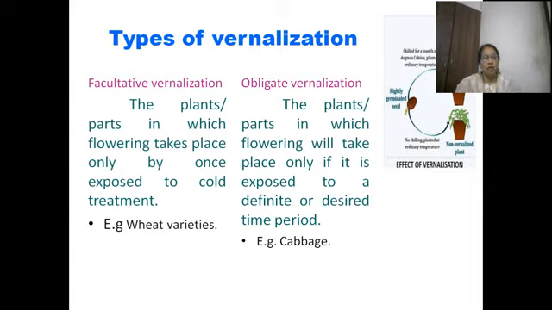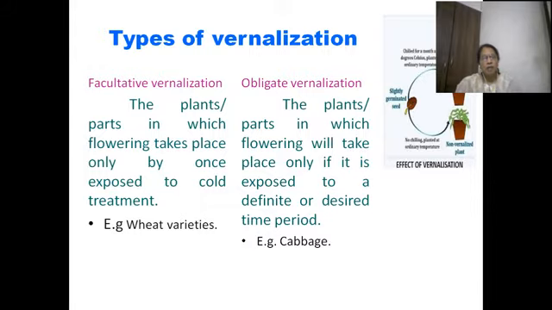Obligate vernalization. The plants or the parts in which flowering will take place only if they are exposed to a definite or desired time period. That is, it is not once. It is a particular length of time. It may be 24 hours, it may be 48 hours, or it may be some 10 days. That depends.